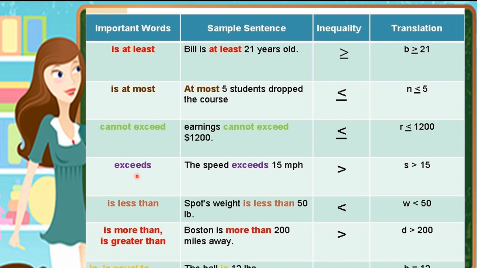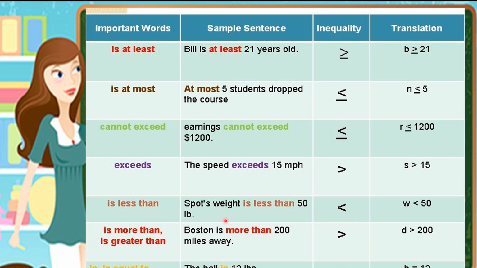Then, exceeds, ang sample sentence natin, the speed exceeds 15 meter per hour. So, yung exceeds na word, ang kanyang symbol class ay greater than. So, S is greater than 15 sa translation. Then, is less than, madali lang tong hanapin or intindihin kasi yung word na less than.